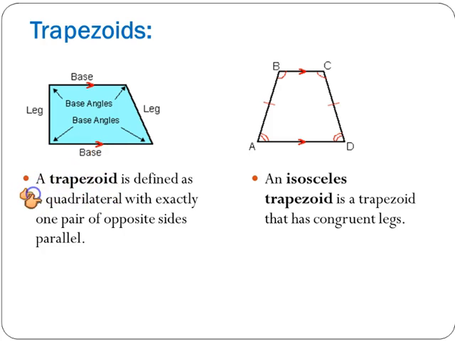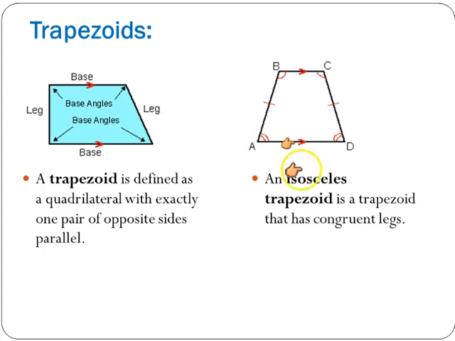A trapezoid is defined as a quadrilateral with exactly 1 pair of opposite sides that are parallel. Remember that these little arrows mean that those sides are parallel. You just need 1 set of opposite sides that are parallel in order to be a trapezoid.